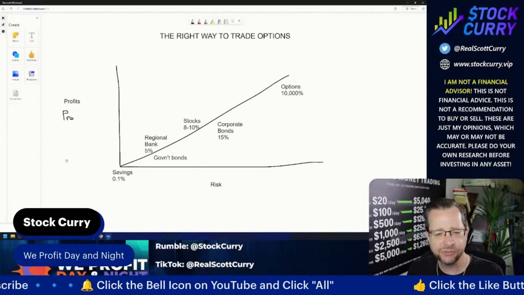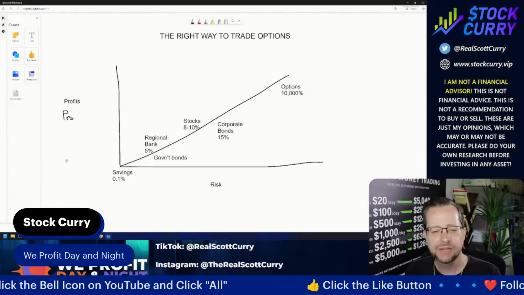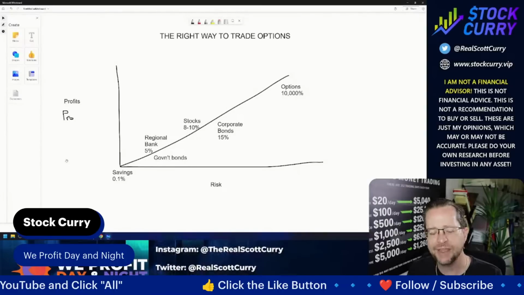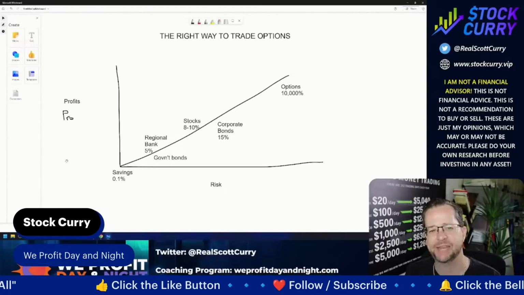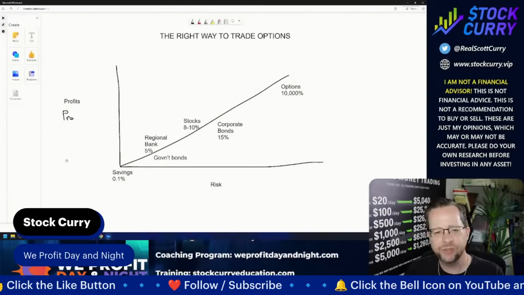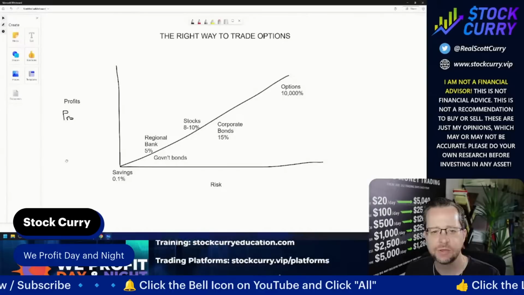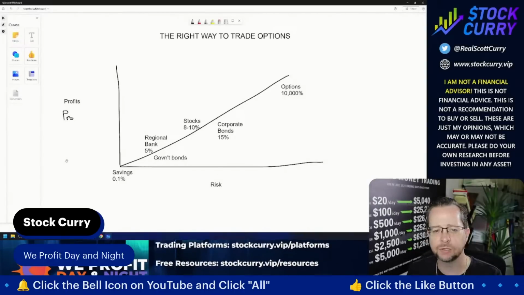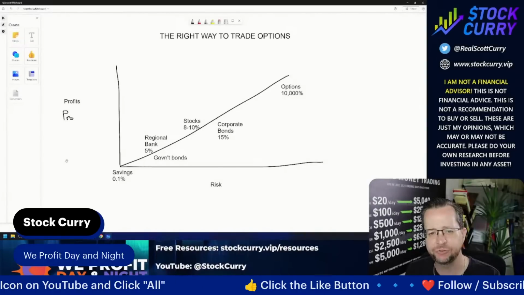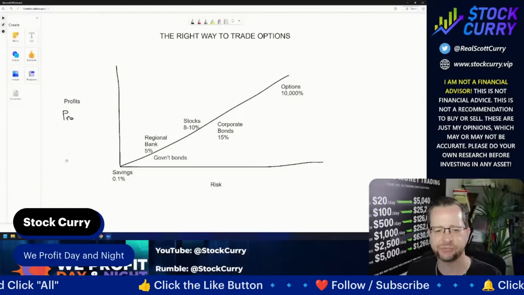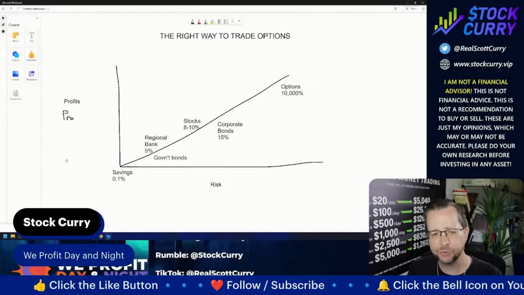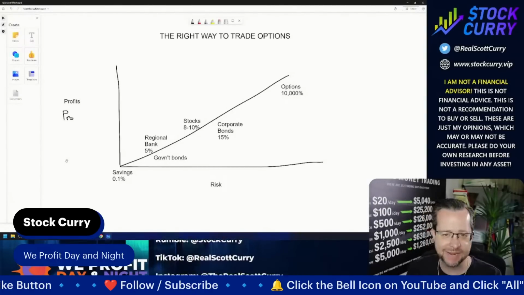The person that sold that option to you is willing to sell it because they know they have a 90% chance of making money. So if you can flip from buying options to selling options, you can flip from losing money 90% of the time to making money 90% of the time. And that's what I'm going to show you how to do today, is to make that change.